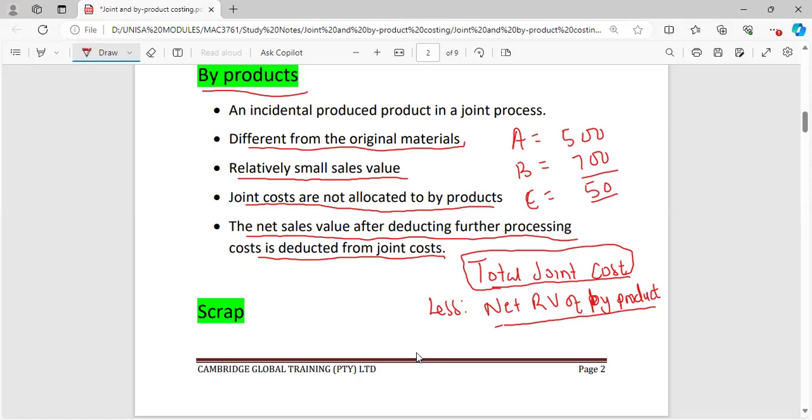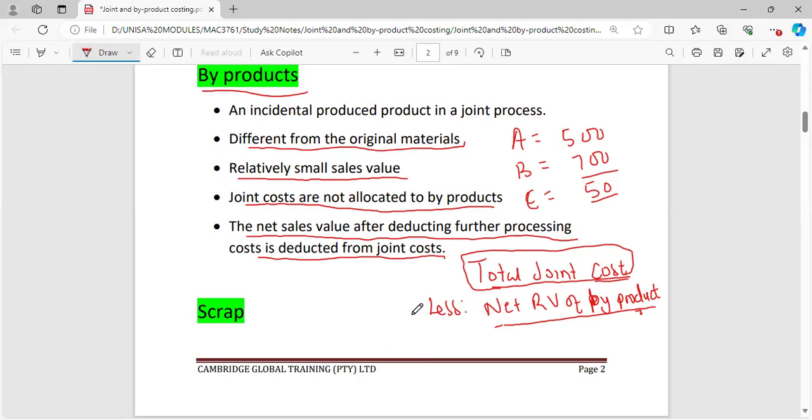So if you have a byproduct, which means if the byproduct needs to be further processed, the net realizable value of the byproduct is going to reduce the total joint cost to be allocated to the product.